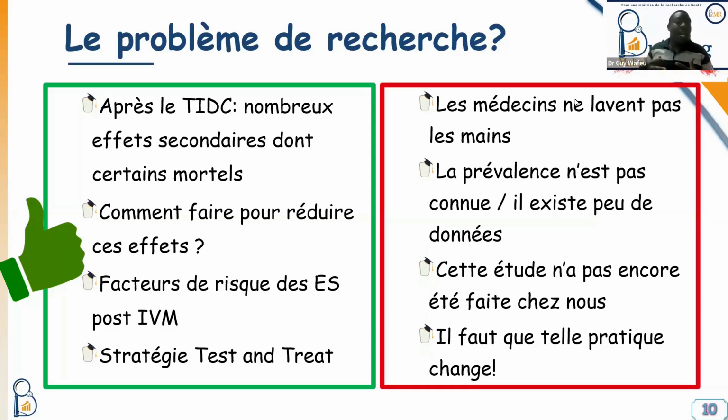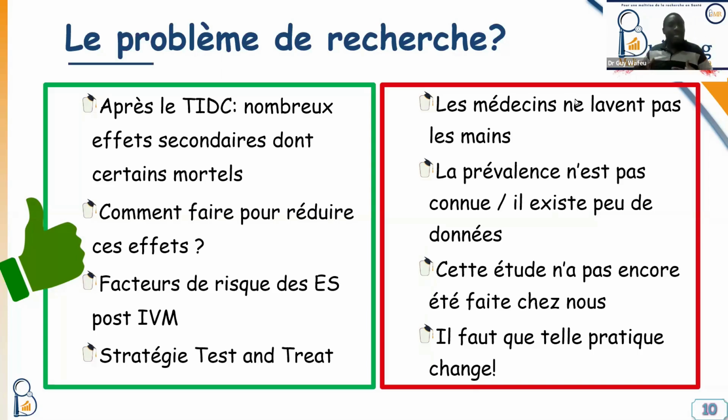And that makes us have a study on factors associated to adverse events after ivermectin treatment. This is the study we conducted in the research center where I'm working. And we ended up with a strategy called test and treat, because we realized at the end of the study that loiasis infection, which is another filarial disease, was the main cause of adverse events related to ivermectin treatment.